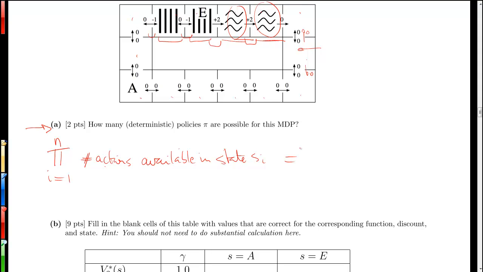In this case, let's look at how many states we have here. We have 1, 2, 3, 4, 5, 6, 7, 8, 9, 10, 11, 12, 13, 14 states.